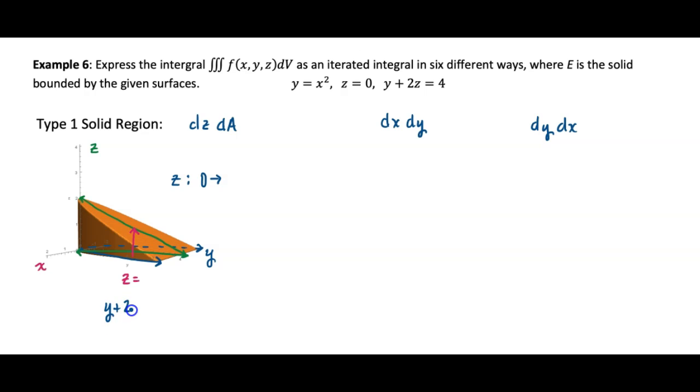Y plus 2z equals 4 can be written as z is equal to 2 minus 1/2 y, just solving for z. So z goes from 0 to z equals 2 minus 1/2 y. This is going to be our z range.